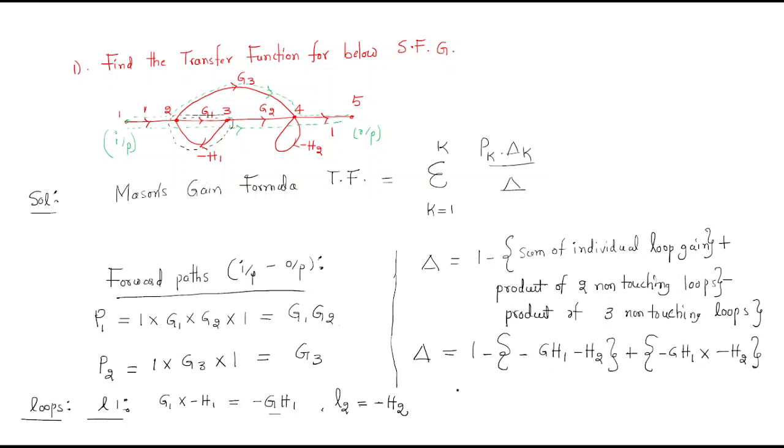So if you simplify this, you will get the del value: 1 plus G1H1 plus H2, and minus into minus becomes plus G1H1 and H2.